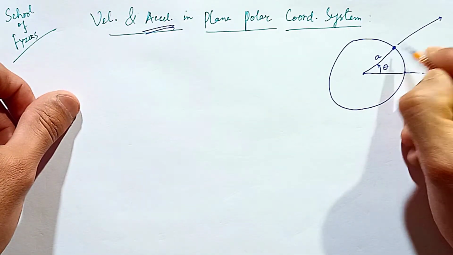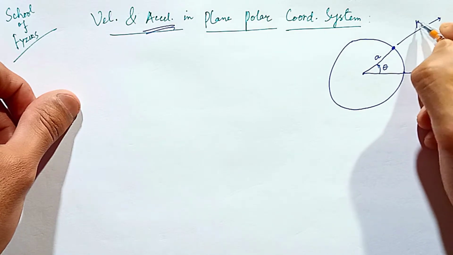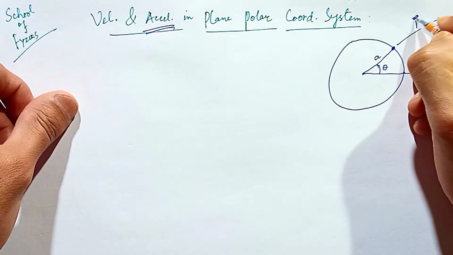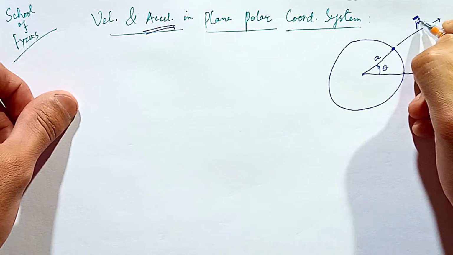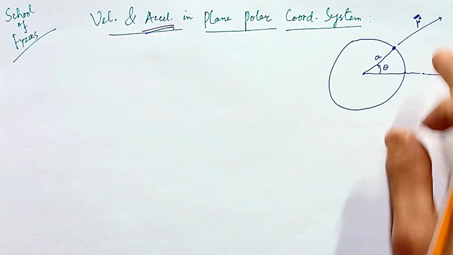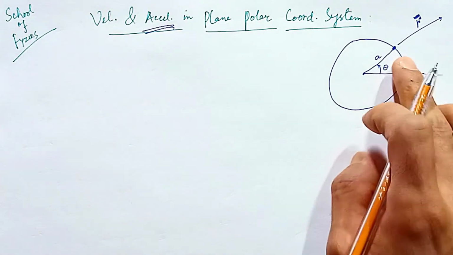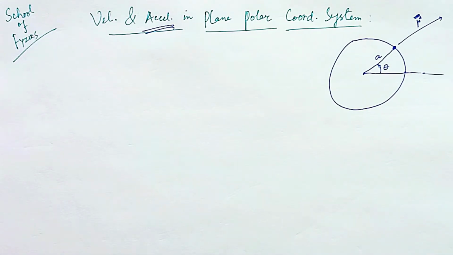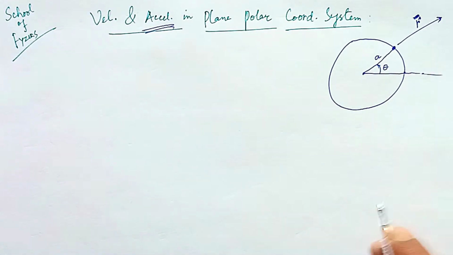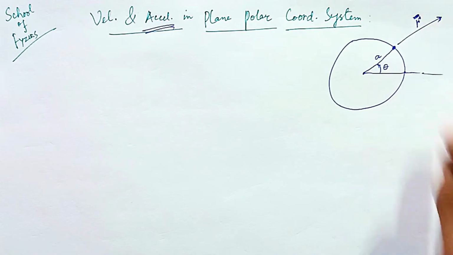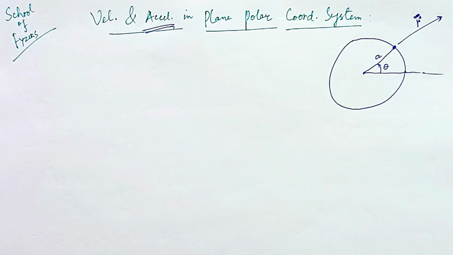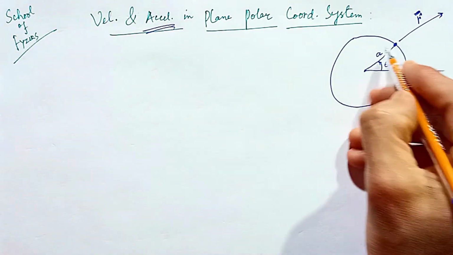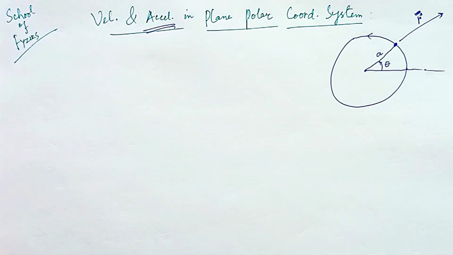This is the position vector. This gives the r component, that is the radial component of that very particle at any instant of time. So this is the radial axis, I can say. So how do we calculate the acceleration and velocity of this particle which is moving along the circular path?